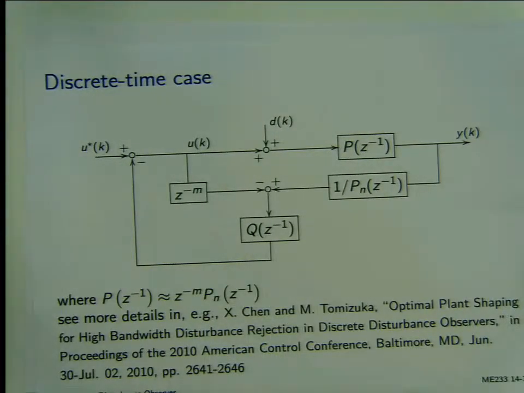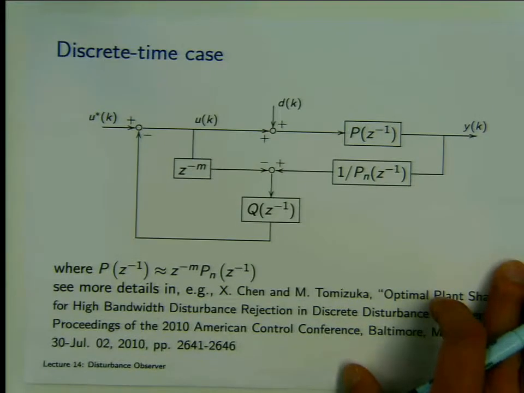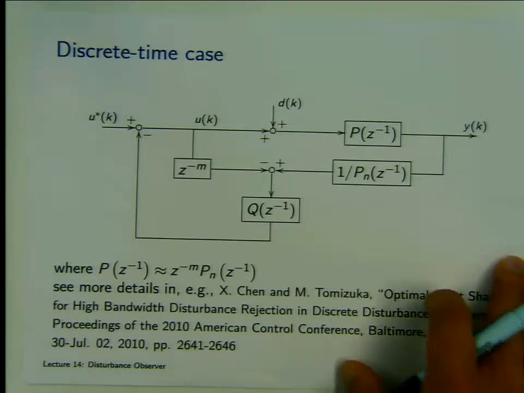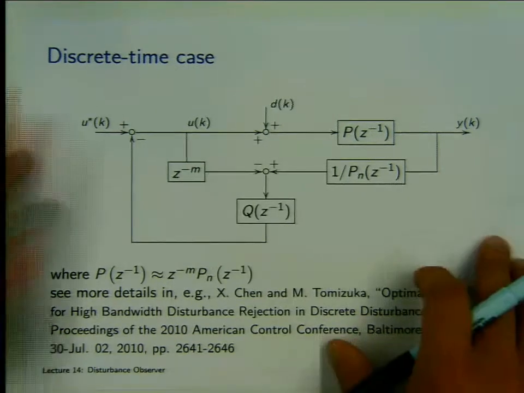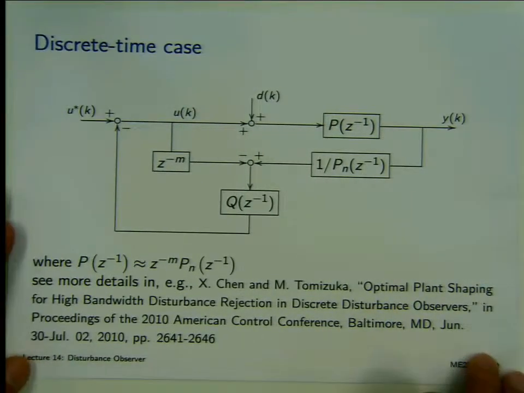So now we have finished the continuous time disturbance observer analysis. In the remainder of the class, I would like to talk about the discrete time case and then have a little review of what we have learned in the first part of this course.